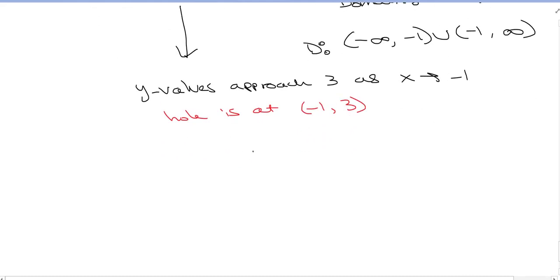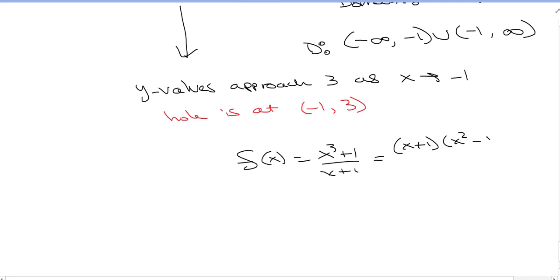And notice that when we factored this function, let me do it over here. I have f of x is x cubed plus 1 over x plus 1. We factor that. I'm just going to repeat my steps from above. The reason that I'm doing this is as soon as we cancel this term, that means that there is a hole in the graph.